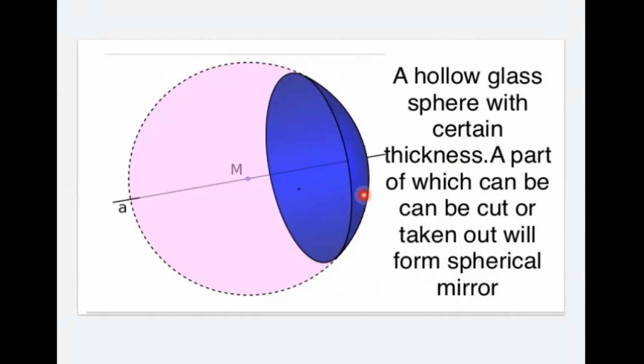So if I take out this blue portion, that blue portion will act like a mirror. Now students, this is basically a three-dimensional hollow sphere. Let me be very clear. The picture here is shown in 2D form, but it is actually a 3D glass hollow sphere.